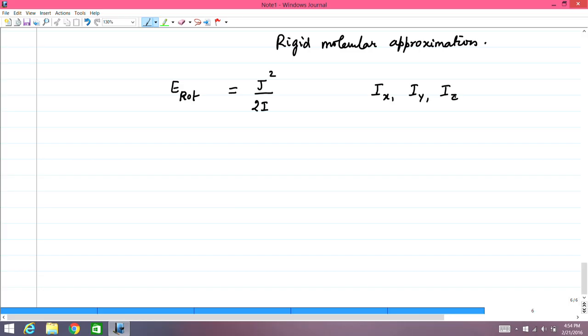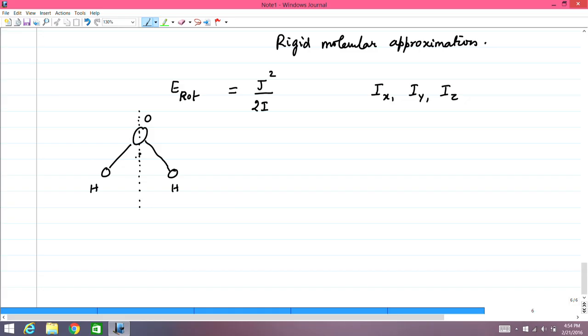Let us see some examples. In the case of water molecule, the first triatomic molecule with the 2 hydrogen atoms and the oxygen atom here, the center of mass is somewhere here. It is on the axis which bisects the hydrogen-O-hydrogen bond angle.